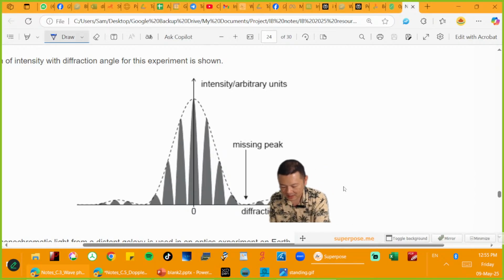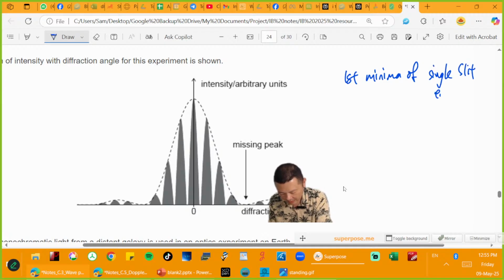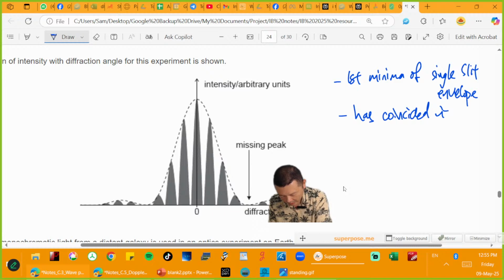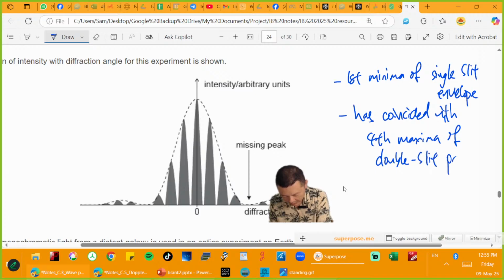The first minima of the single slit envelope has coincided with the fourth maxima of the double slit pattern. Therefore, missing.